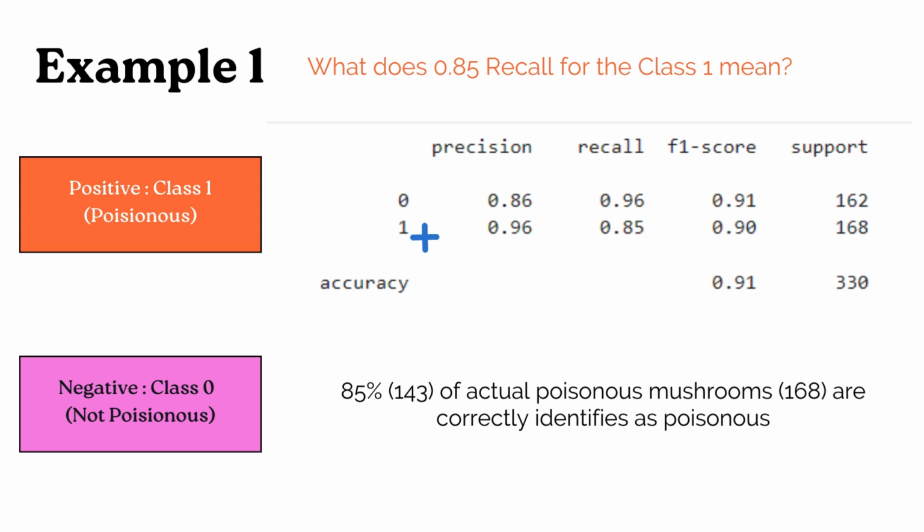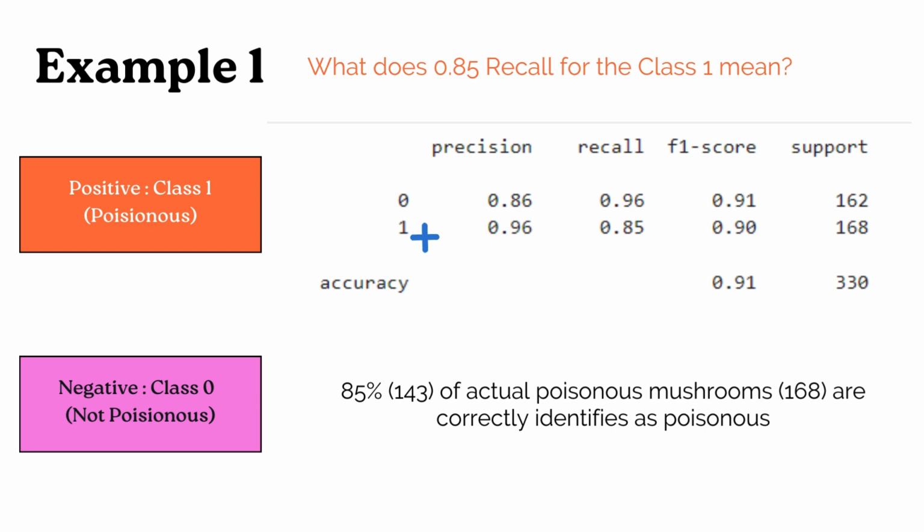What does 0.85 recall for class 1 mean? Among the poisonous mushrooms that you provided, which is 168, I was able to predict only 143. So the remaining 15% I missed; the model could not detect them. The person who eats this mushroom, relying on your model, will get in trouble.